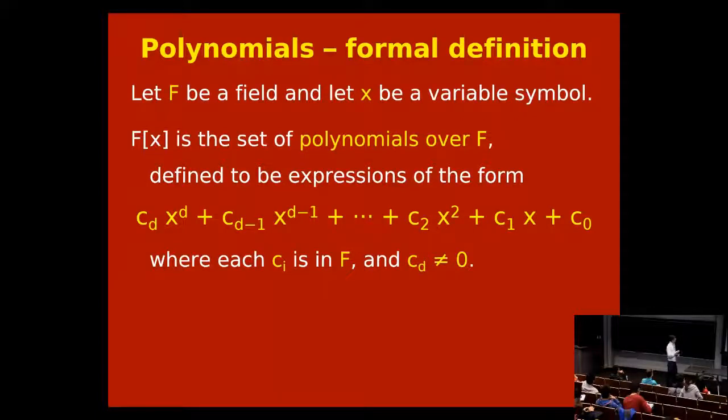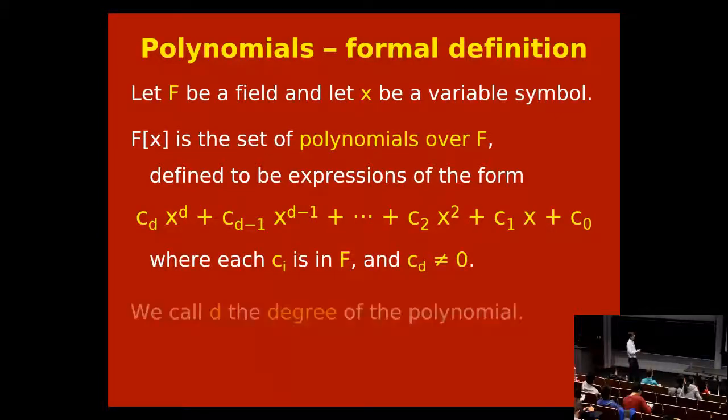And what that means is the set of all expressions that look like this: some c_d, which is a field element, times x to the d, plus some other field element times x to the d minus 1, plus dot dot dot, times the x squared piece, the x to the 1 piece, and you can think of this as c_0 times x to the 0. And for what I'm going to say next, we want this top coefficient to not be 0, because I want to say the degree of this polynomial is defined to be d. It's the highest power that doesn't have a 0 coefficient at the front.